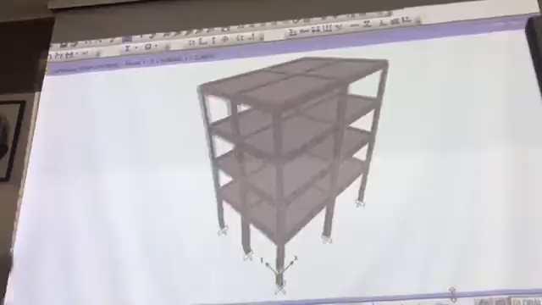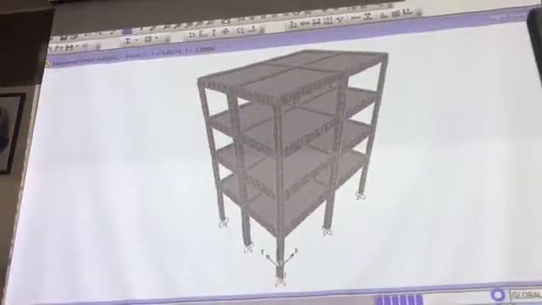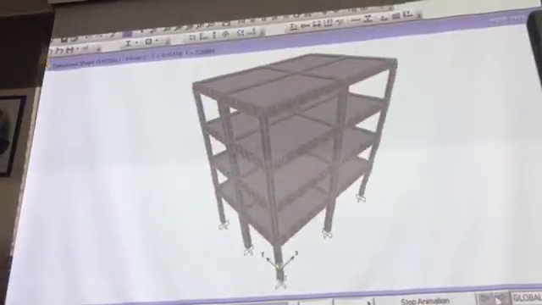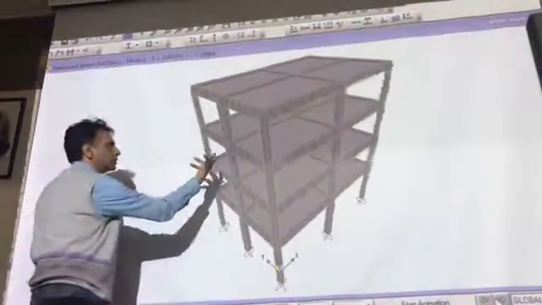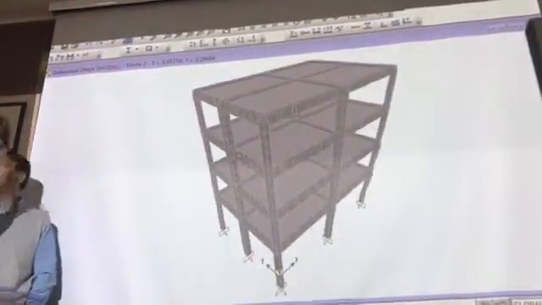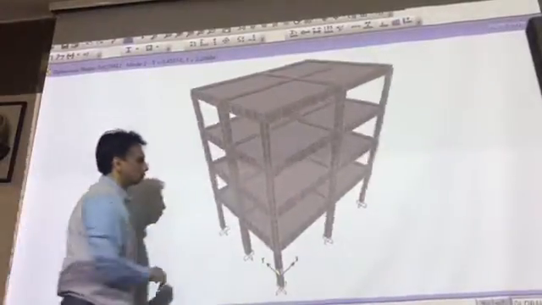And this is the first mode. What about the second mode? This is the torsion mode. Okay. In Turkey, burulma mode. Burulma. This is a mode because of torsion.